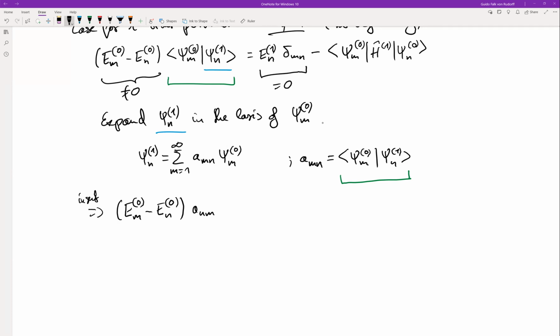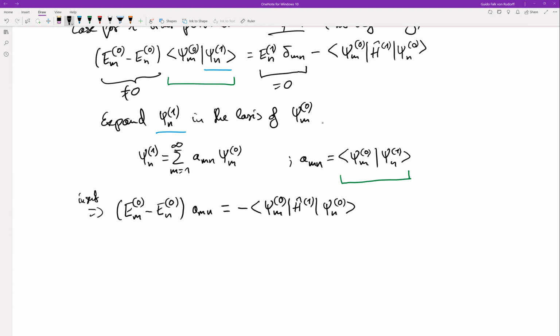Sorry, that's wrong, a_mn. And on the other side, the first term was 0, so we're only left with the bracket, the expectation value there, so that would be psi n0, perturbed Hamiltonian, and psi n0. Okay, so now we have these individual expressions, but they are valid for every n and m.